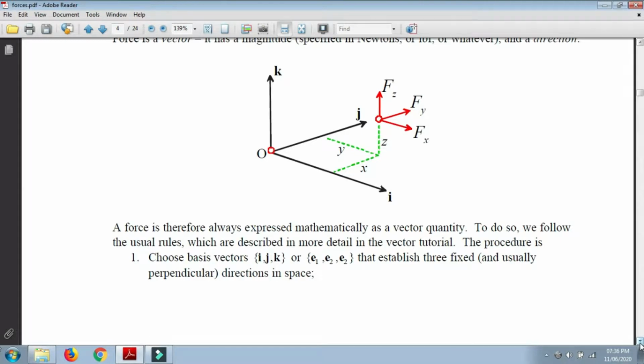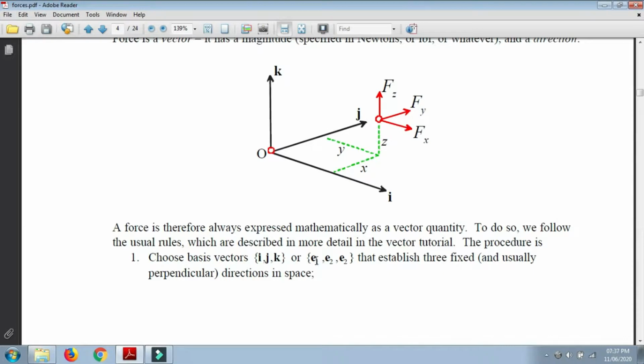To do so, we follow the usual rules which are described in more detail in the vector tutorial. The procedure is very simple. Always choose the basis vectors. And what are the basis vectors? As you have studied, i, j, k are the basis vectors. They can also be shown as E1, E2, E3 in some books.